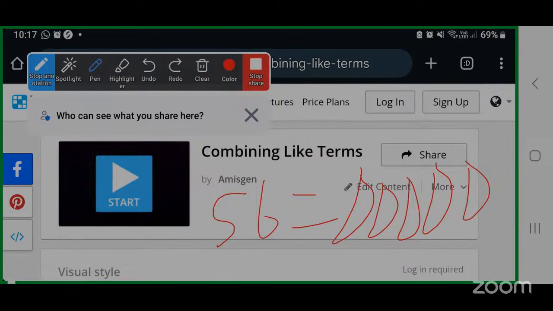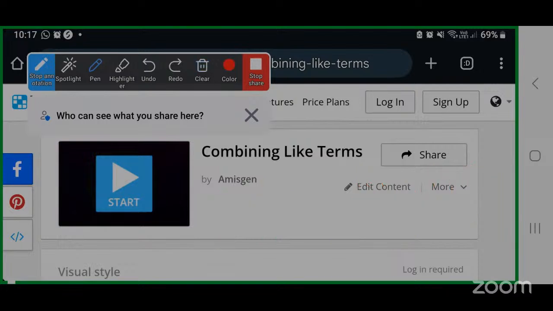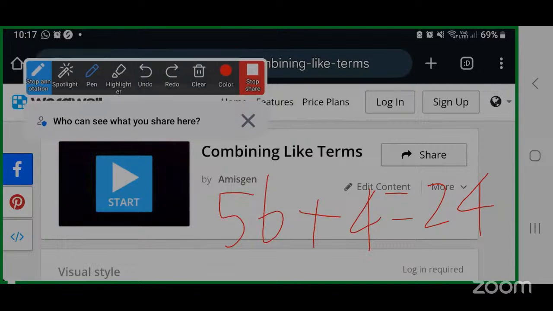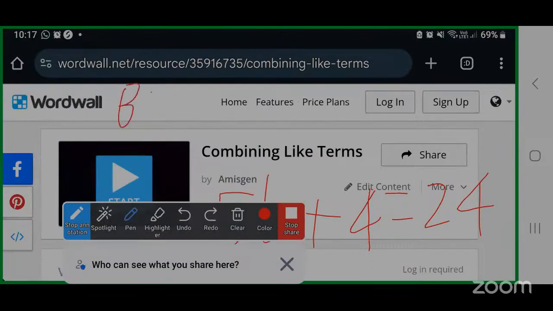Okay, I'm going to clear this again and look at an expression. So if we had, for example, 5b + 4 = 24. This is where our BIDMAS practice starts to come into play, because we know BIDMAS is brackets, indices, divide, multiply, add, subtract.